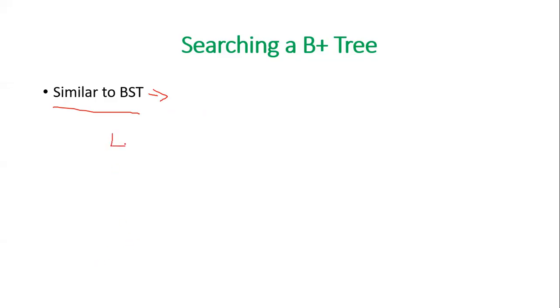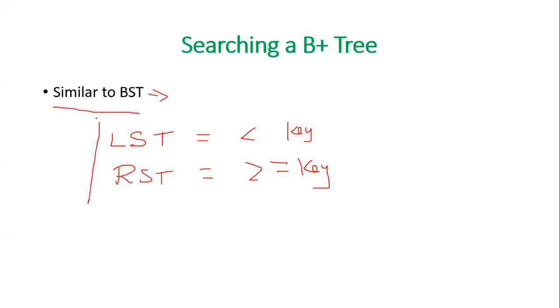Left subtree, I'll call it LST, contains elements less than the key, whereas the right subtree will contain elements greater than or equal to the key. This is the only change you have to incorporate when compared with the BST.